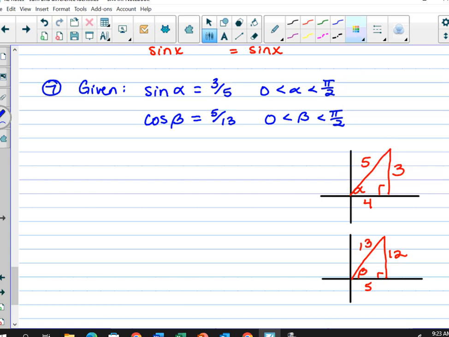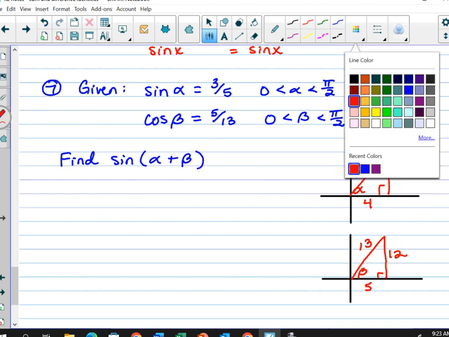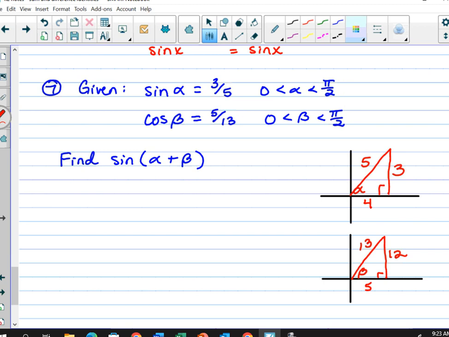Then I have to actually ask you a question. We are going to find the sine of alpha plus beta. Go ahead, Nick. We have sine of alpha is, oh, those are two different triangles.